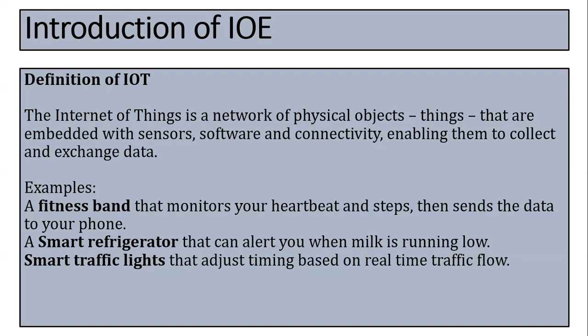For example, if the milk in the refrigerator is going to run out, the user will come to know that we need to purchase milk. Then smart traffic lights adjust the traffic in real time; based on the congestion, the traffic signal timing will be changed. So these are examples of Internet of Things which are currently prevailing.